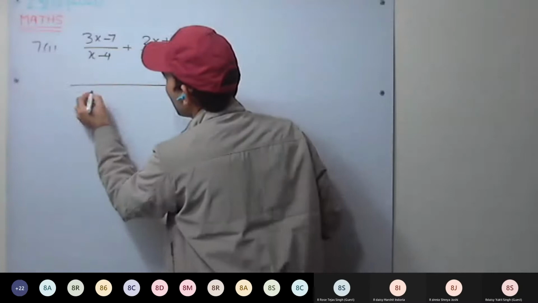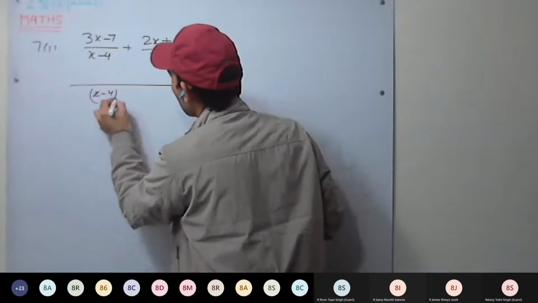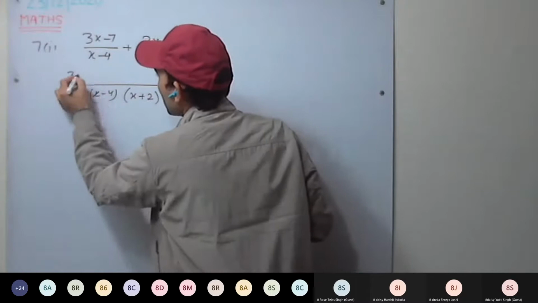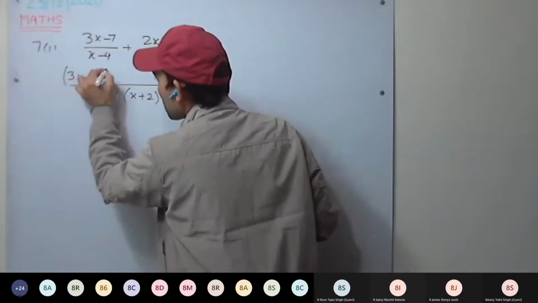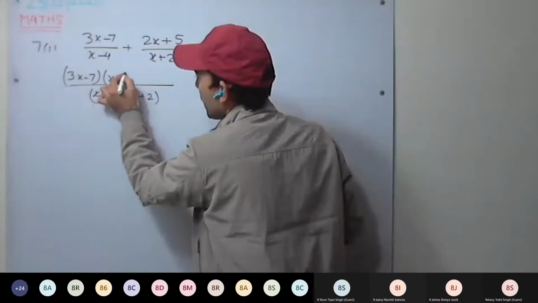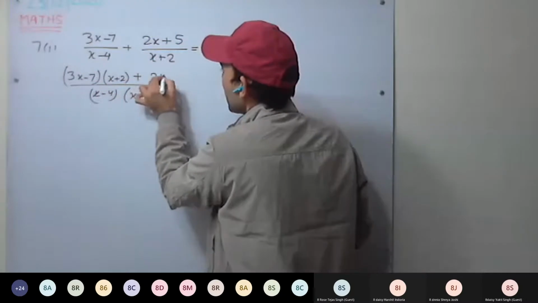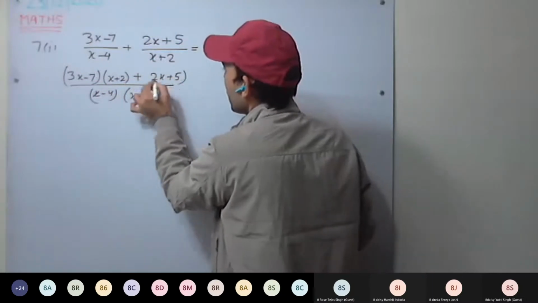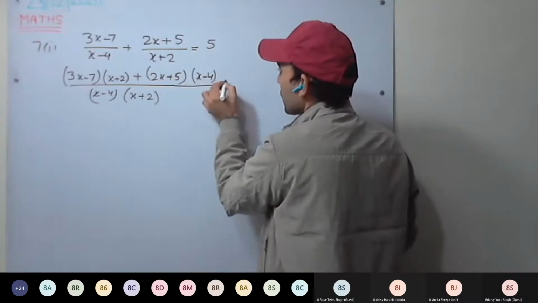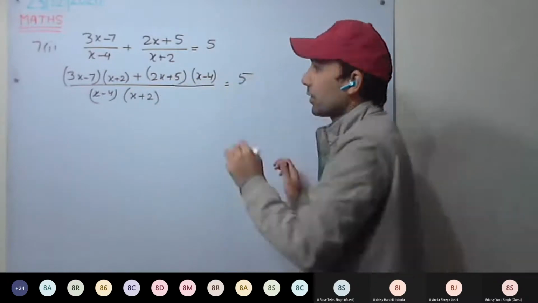The LCM will be (x minus 4) into (x plus 2). Here 3x minus 7 has to be multiplied with x plus 2, plus 2x plus 5 into x minus 4, equal to 5.